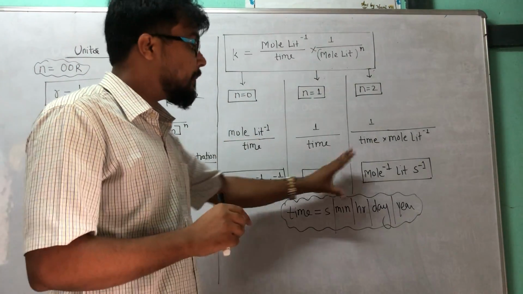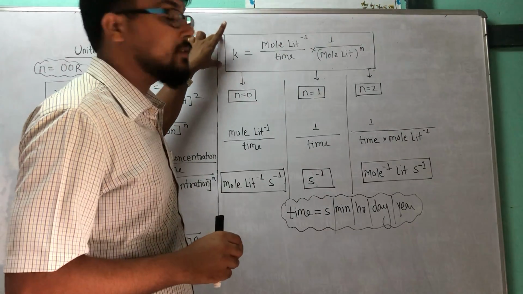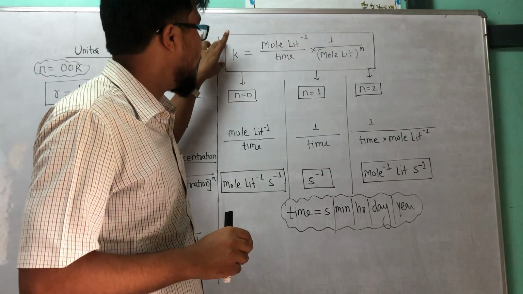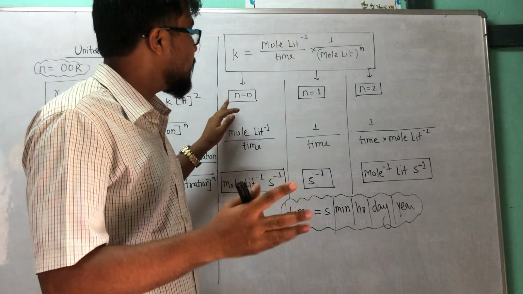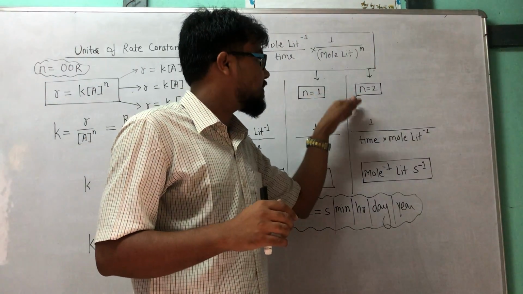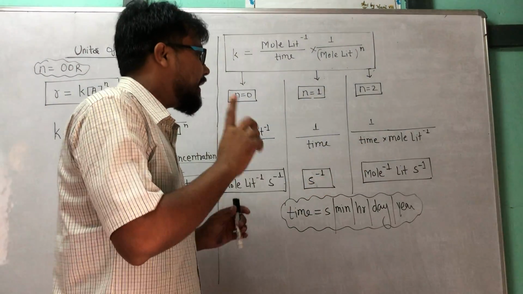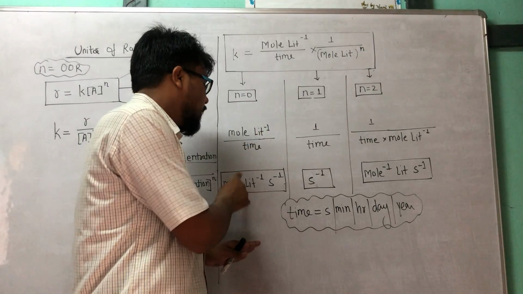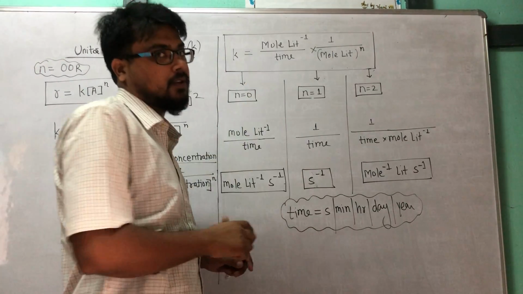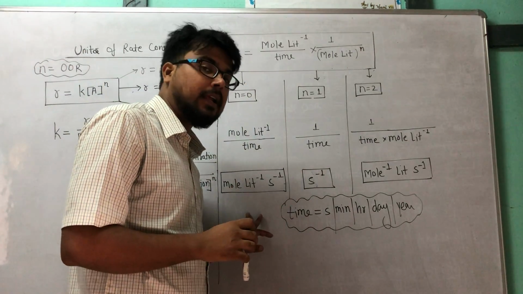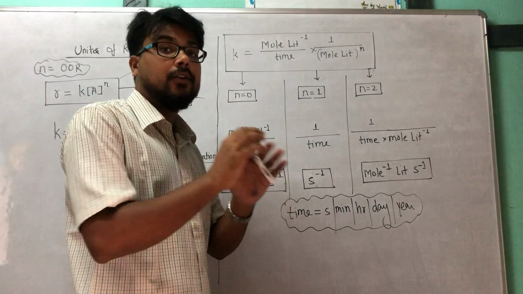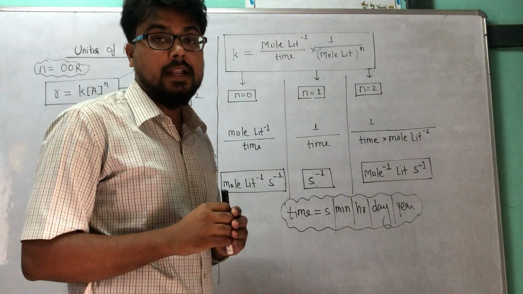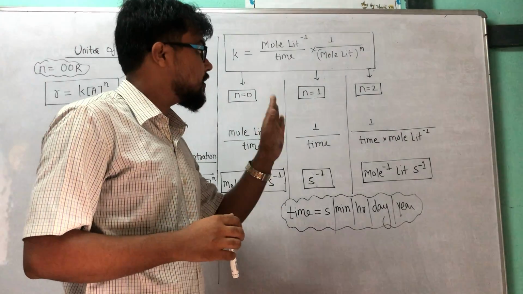So don't remember the units, just remember this final formula, and you can calculate for zero order, first order, second order, third order, whatever. But at least you must know the unit of rate constant for zero order and first order in this chapter.